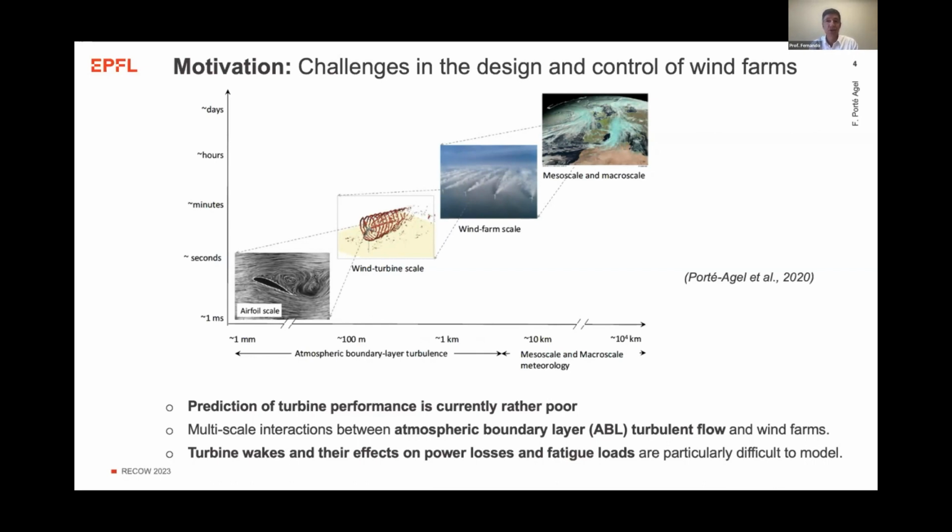But in addition, it is what we call a non-canonical flow, meaning that it does not develop normally over perfect, steady and homogeneous conditions. Often it is subjected to inhomogeneities and also to non-stationary forcing due to large-scale atmospheric circulations.